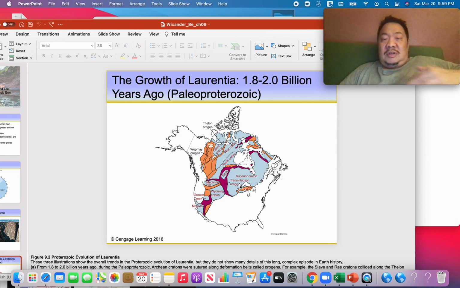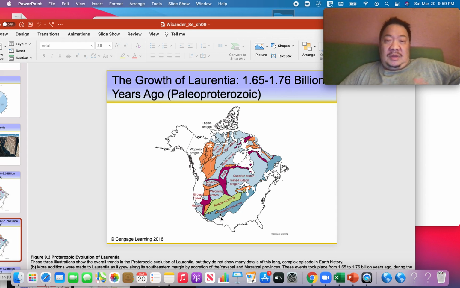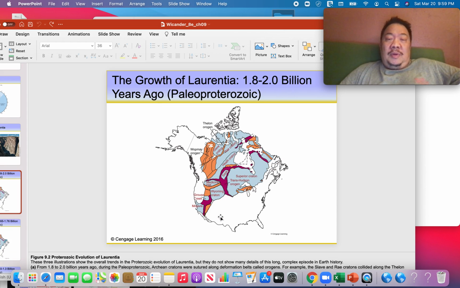The continents are slowly growing. And so this was the coastline here of Laurentia 1.8 to 2 billion years ago.